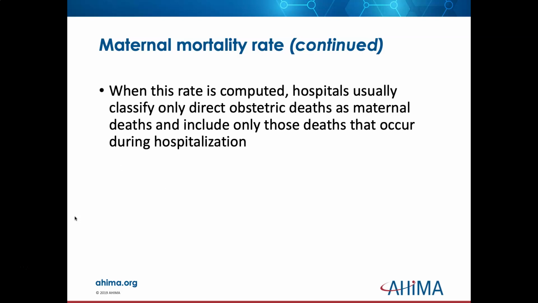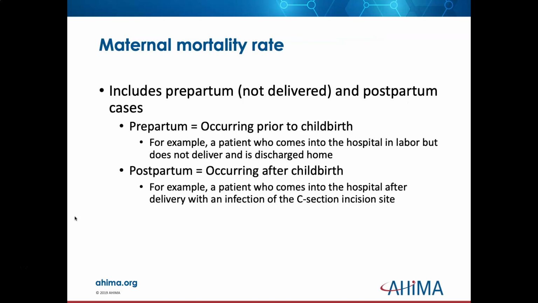When the rate's computed, hospitals usually classify only direct obstetrical deaths as maternal deaths. They very rarely do the indirect ones. The maternal mortality rate does include prepartum, which is not delivered, as well as postpartum cases. So prepartum is antepartum, it's before the birth. Postpartum is after the childbirth.